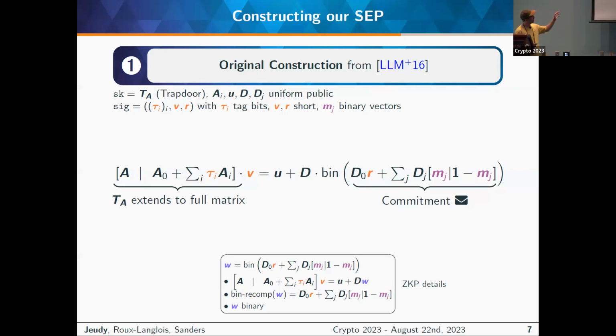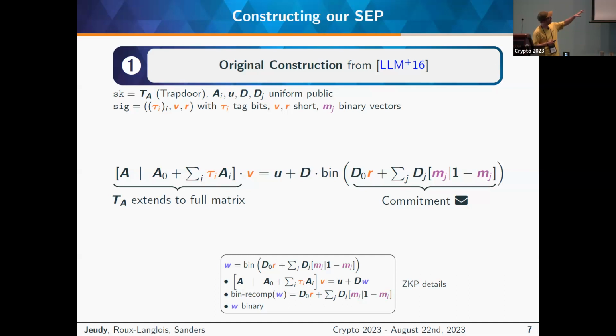So all the elements in black in the equation are part of the public key or public commitment parameters. The elements in orange are the signature. So we have tag bits, tau i's, 256 of them for security reasons, and two short vectors, V and R, which are the pre-image sampling V and the commitment parameters R. And then we have the messages, which are composed of binary vectors, M_j.